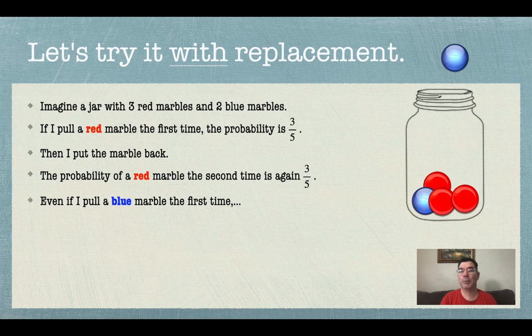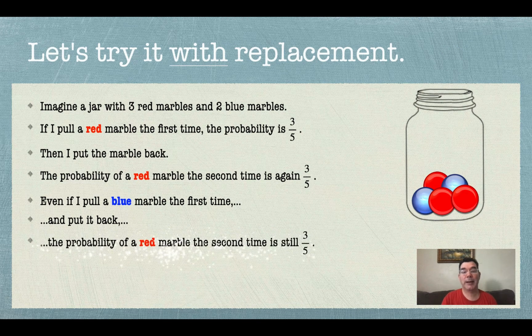Even if I were to pull a blue marble out the first time and consider that a failure and put it back, then the probability of me pulling a red marble out the second time is still 3 out of 5. So the probability of me being successful with the second drawing of a marble is independent of what happened the first time.